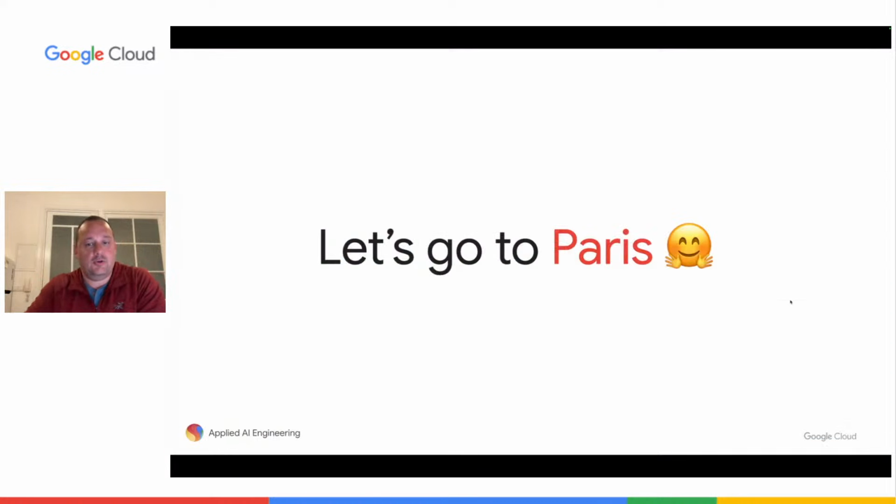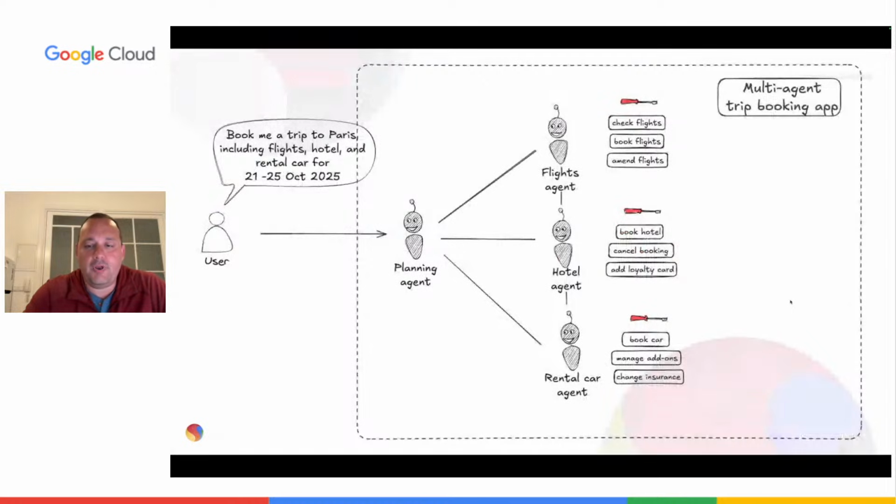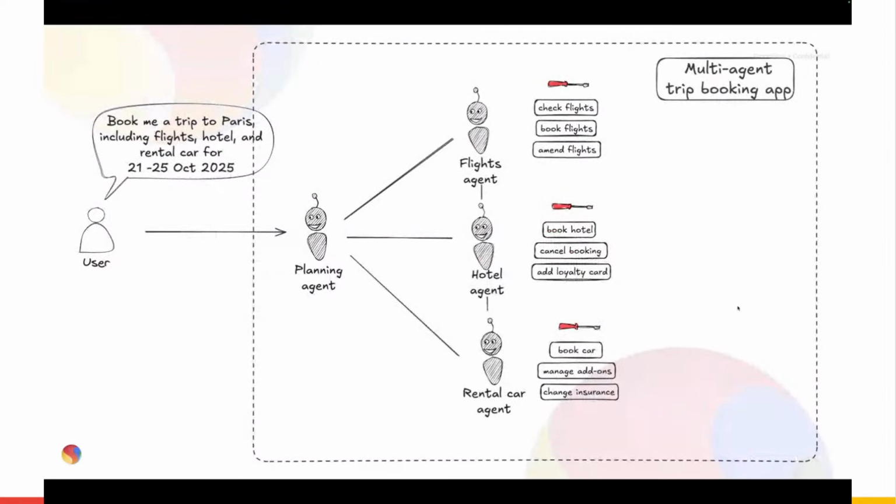But first, let's go to Paris. Kanch already set the stage, she was looking for the Shangri-La in Paris. And let's say we have our multi-agent trip booking application set up. And me as a user, I say, book me a trip to Paris, include flights, hotels, rental car for these dates.